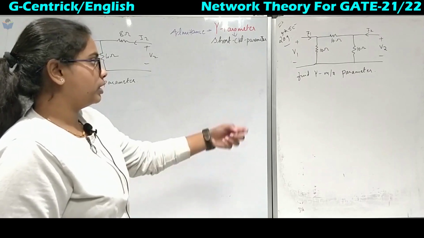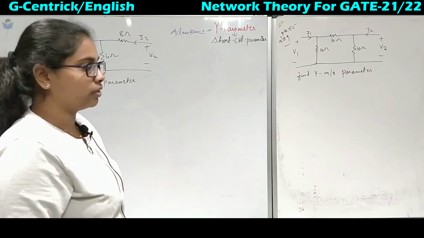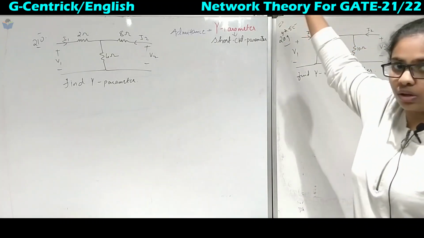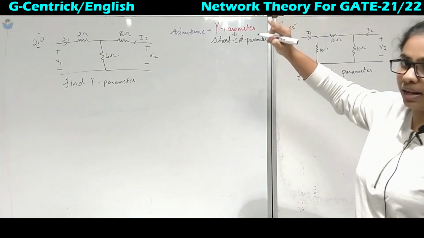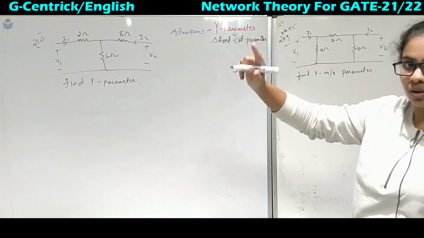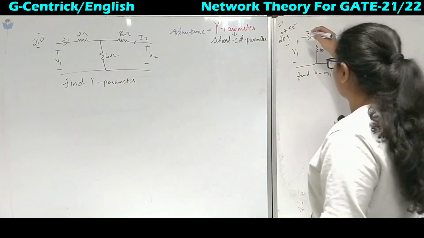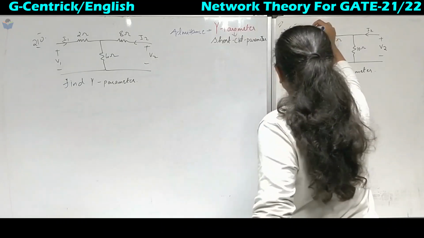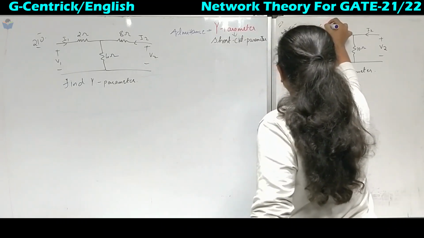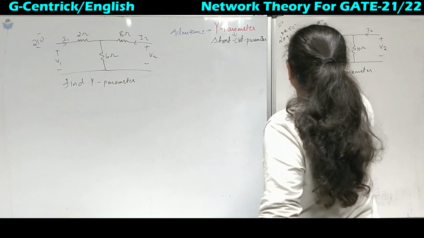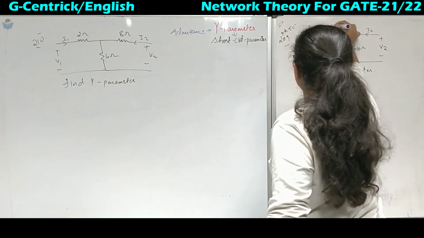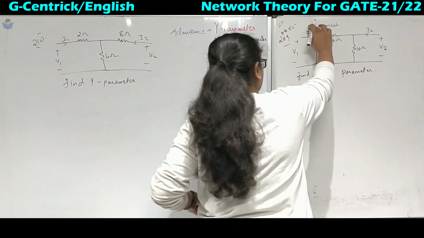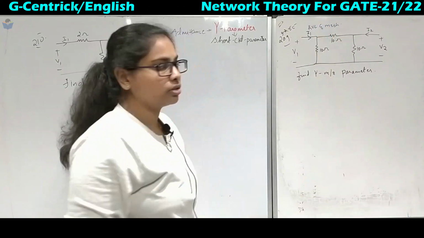For finding the Y matrix parameter we will go with the conventional method. In the Z parameter we had applied mesh analysis, I'll just write it over here, with KVL.